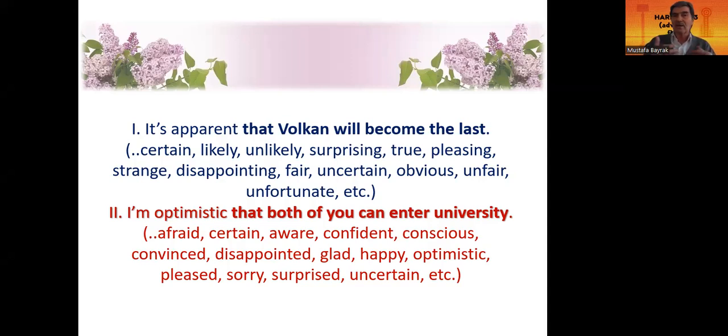I am conscious, I am convinced that, I am disappointed that, I am glad that, I am happy that, I am optimistic that, I am pleased that, I am sorry that, I am surprised, I am uncertain that both of you can enter university. Just like saying, I am happy that we meet, okay? I am happy to meet you. I am happy that I meet you.